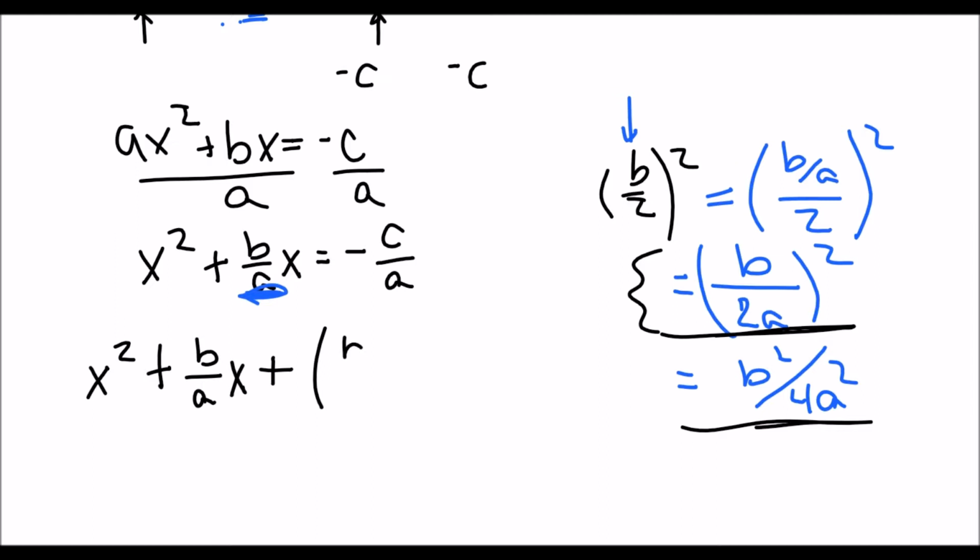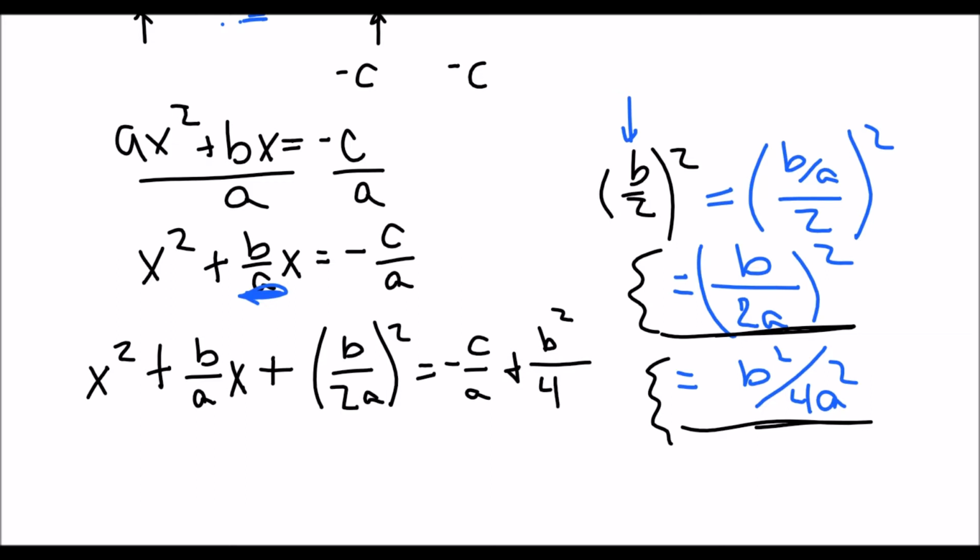So I'm going to go plus b over 2a squared equals negative c over a plus, and now I'm going to put it in this side. You don't have to do it differently, but I think it saves you a step in the long run, and they're the same exact thing. So b squared over 4a squared.